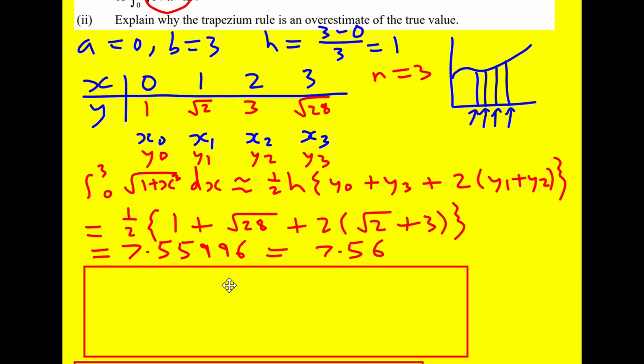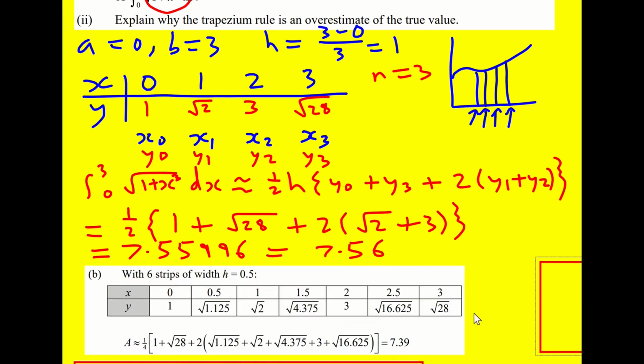I'm just going to give the solution to this that I got from somewhere. So you would get h equals 0.5 by dividing through by 6. N is equal to 6. You would draw a little table like this. You can still get exact values, actually, but otherwise you're going to have to write enough decimal places. Here it is with 6 strips.